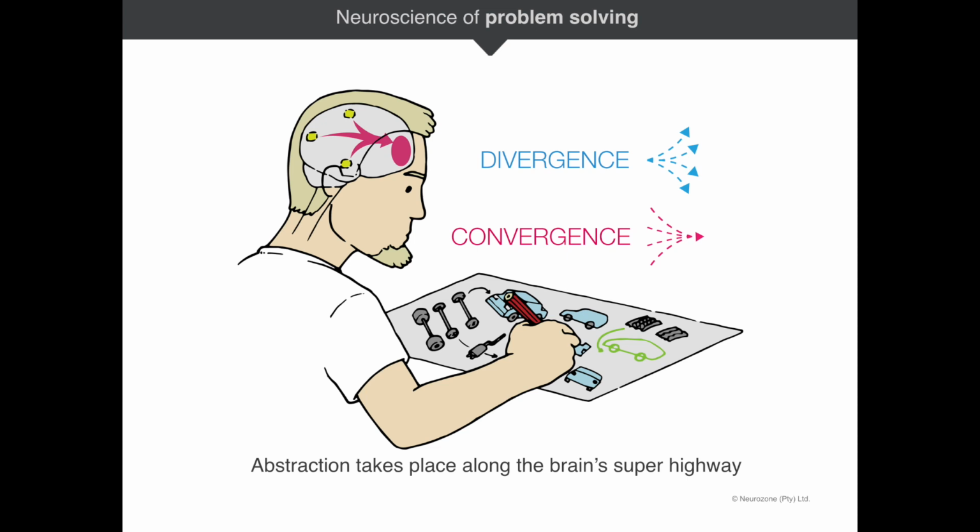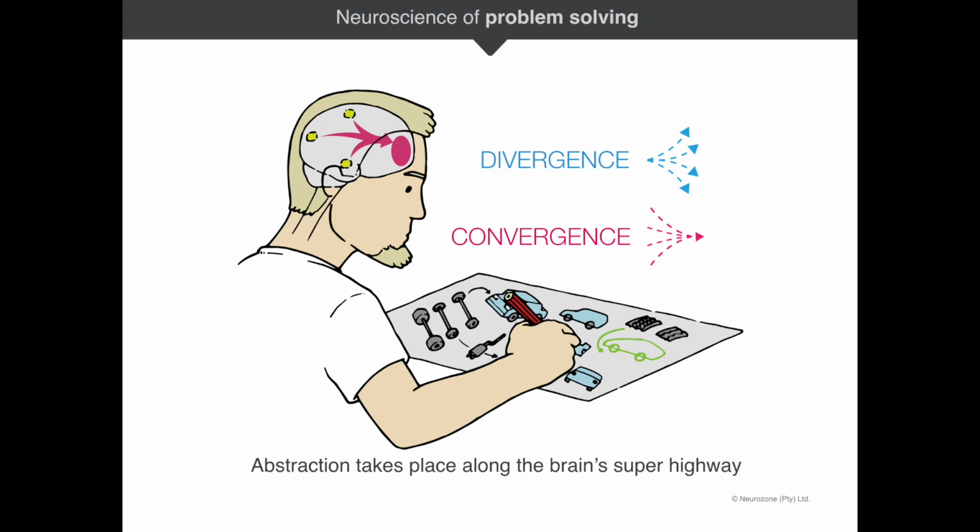And this abstraction process really consists of two different processes that take place all the time while he is trying to figure out how to make a realistic scenario of the possible, and then converge that into a solution. And these two processes are divergence and convergence.